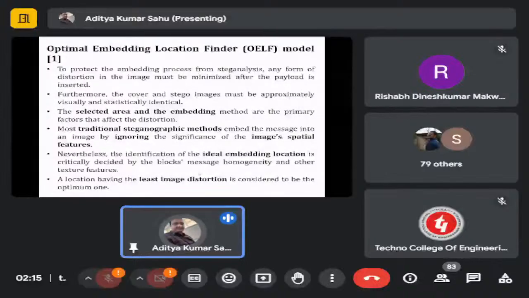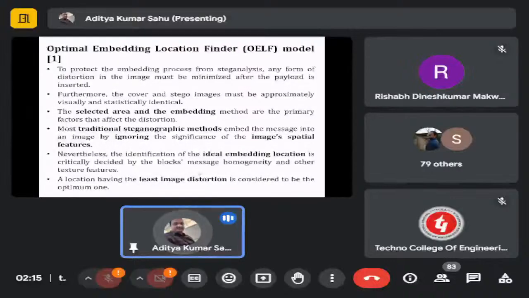Most traditional steganographic methods embed the message in an image by ignoring its statistical significance, convoluted features, and spatial features inside the image. However, the identification of the ideal embedding location is critically decided by the block's message homogeneity and other textural features.